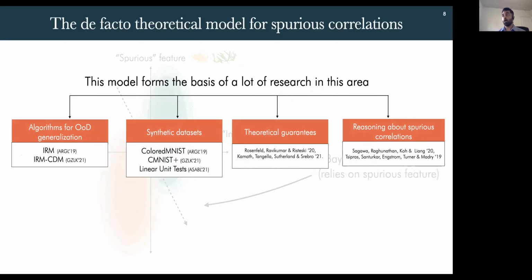People have also given many theoretical guarantees for these existing algorithms. More generally, it has been useful for reasoning about how spurious correlations affect the performance of the classifier. And because this theoretical model has been taken for granted and used in a lot of work, I think it's valuable to make sure we understand its limits.